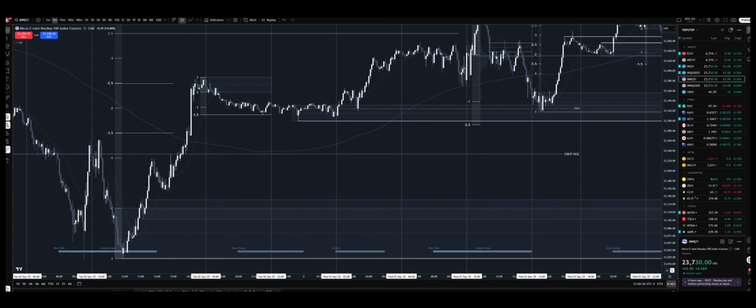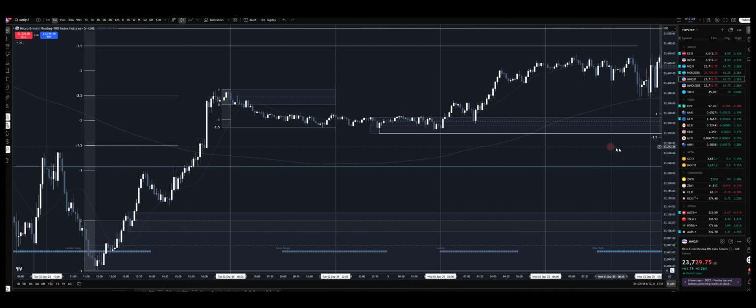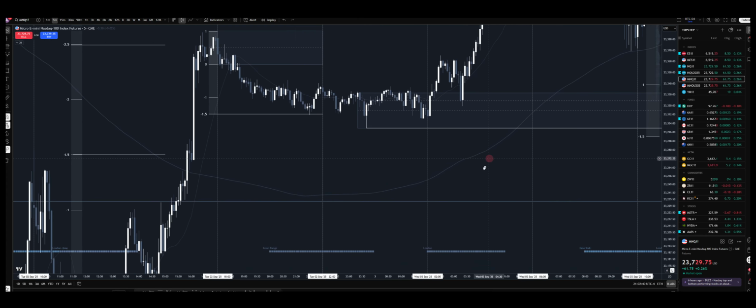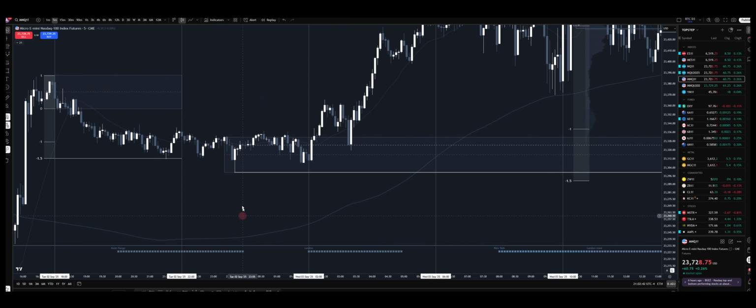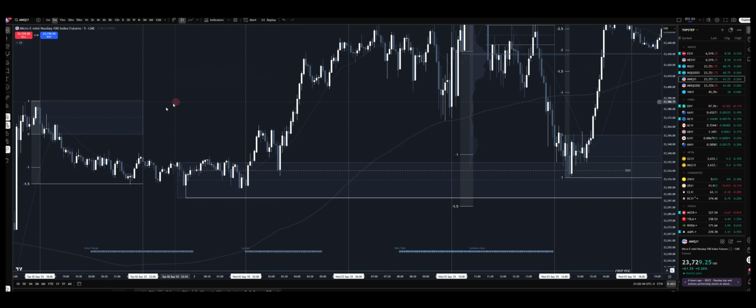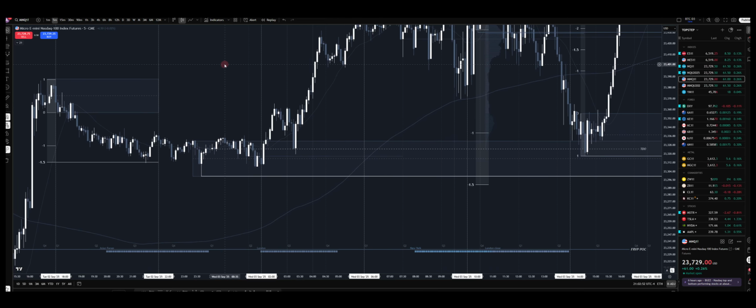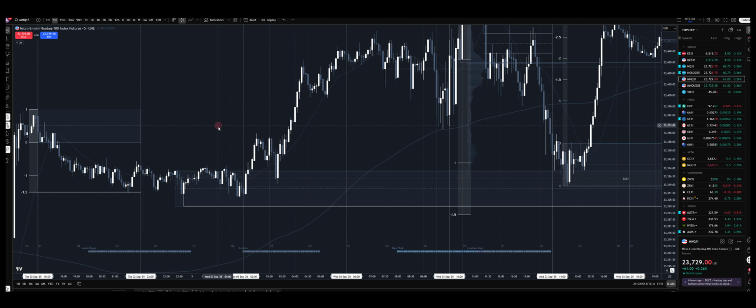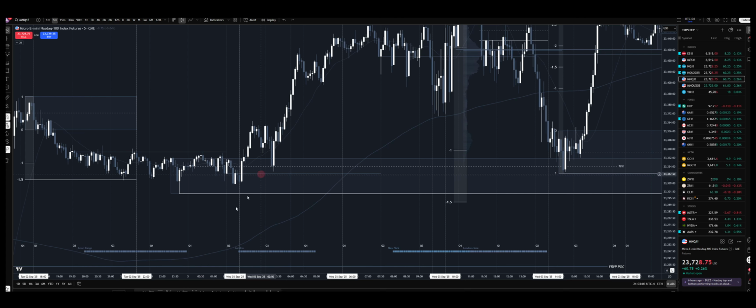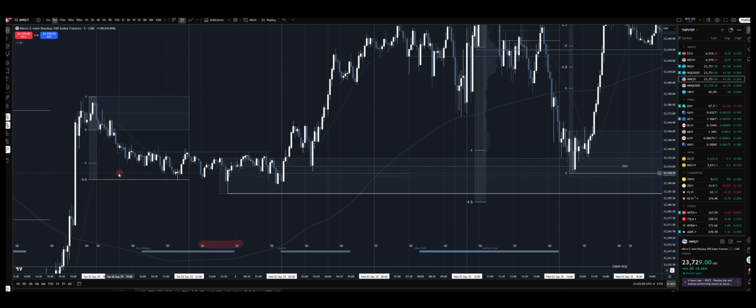So same thing, BMB, we can look for those manipulation zones. This is back from Tuesday. We have our Asia manipulation. I'll put our quarters on as well. So we have an Asia Q4 manipulation.